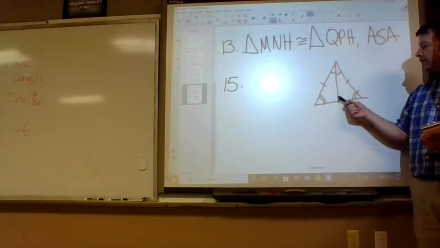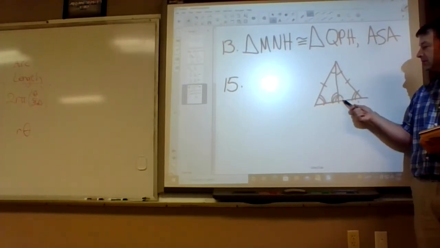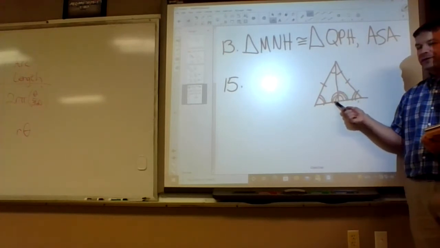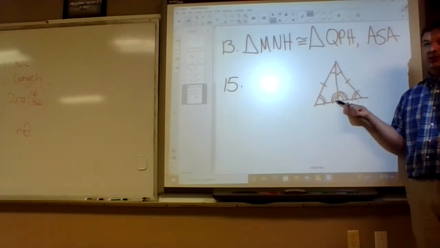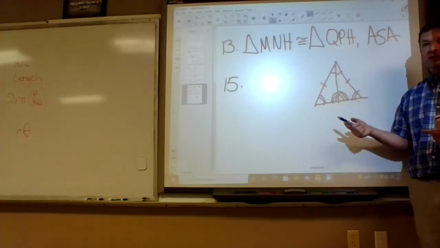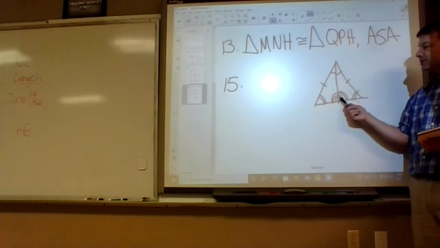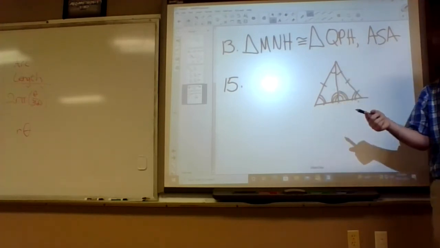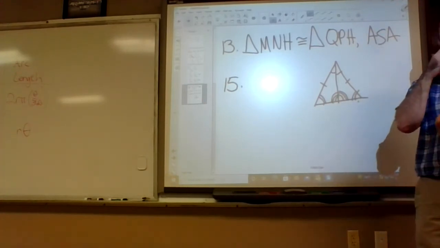Well, if we're trying to say that these two angles are right angles, if they're the same angle, they have to be right angles, right? Because only 90 plus 90 would equal 180. So first we need to say that they are the same. Why do we know that they're the same? Because we know the triangles are congruent, because they're corresponding parts of congruent triangles. So it's these two angles down here we need to say are the same.